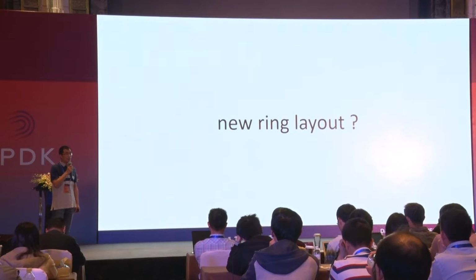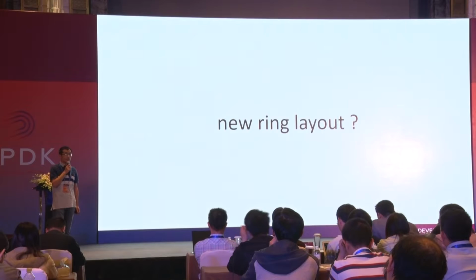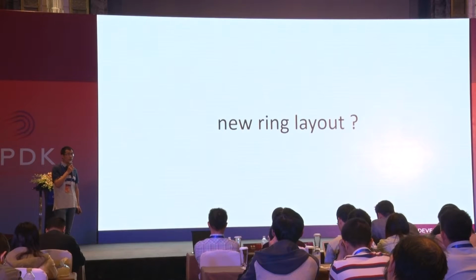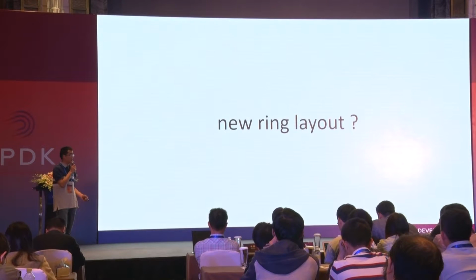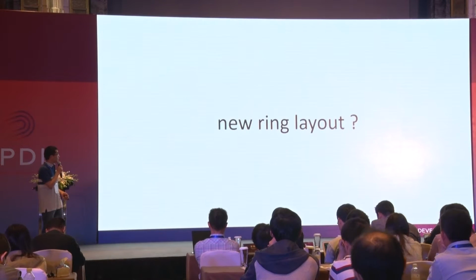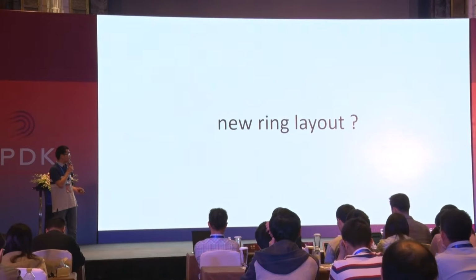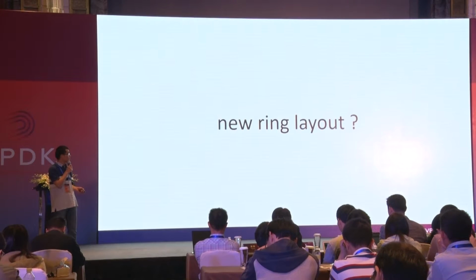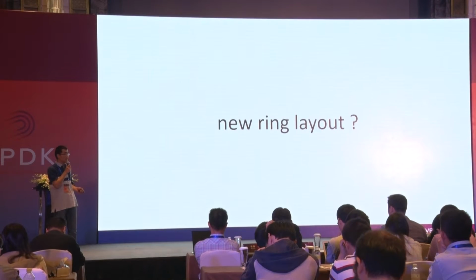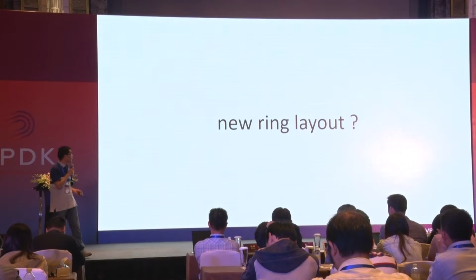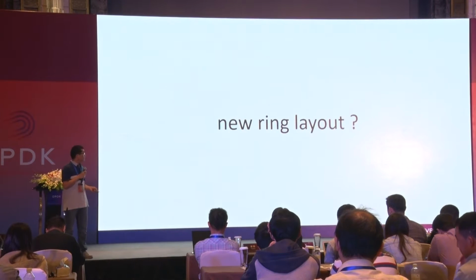And next, because VirtIO is a generic or common virtualization port, can we have a better ring layout for the network? That's a question we have been thinking about. A ring layout that's friendly to network communication and has better acceleration and so on.